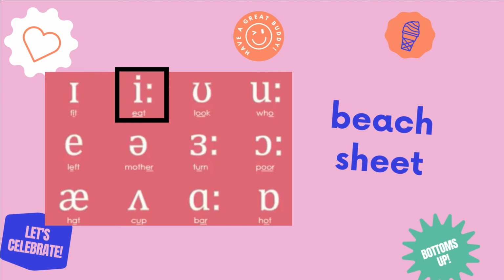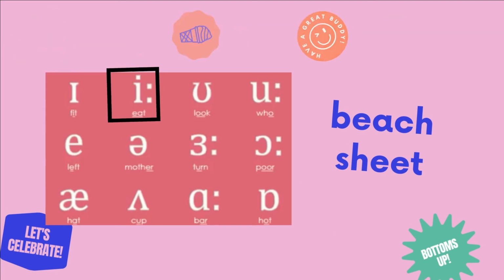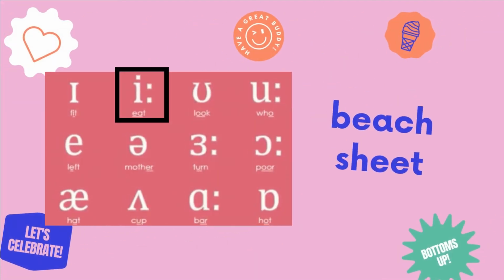If you mispronounce this long vowel sound and use the short sound, you'll say a rude word. Here's another example. Sheet, sheet. It uses a long vowel sound, but if you accidentally use the short vowel sound, you'll say a rude word.